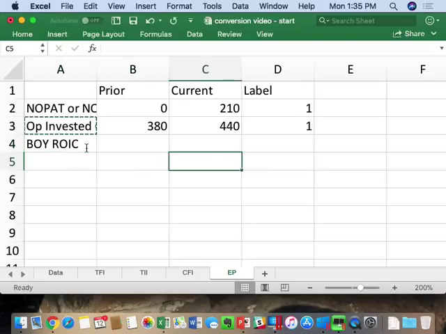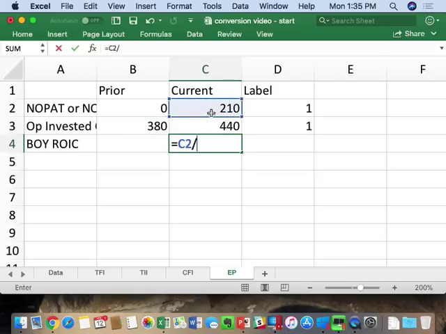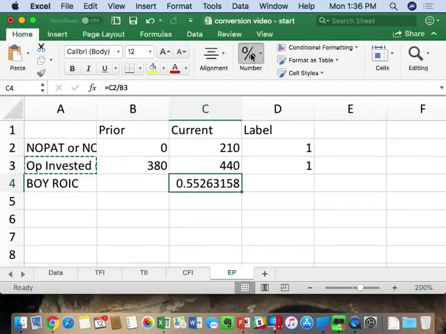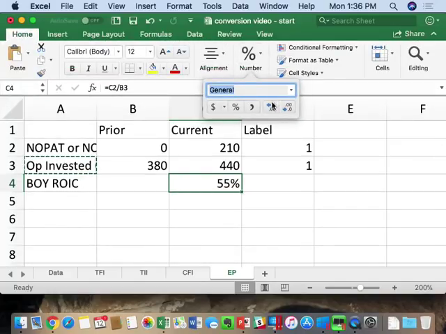This is what's on the midterm. What does that mean? It means we take our current year NOPLAT and we divide by previous year invested capital. That's BOY. If we said end of year, current year NOPLAT divided by current year capital. Okay? You can do that. You can do an average. We're going to choose BOY so we can consistently do it, and it will match the valuations. So that's the ROIC of the operating part of the business for the current year.